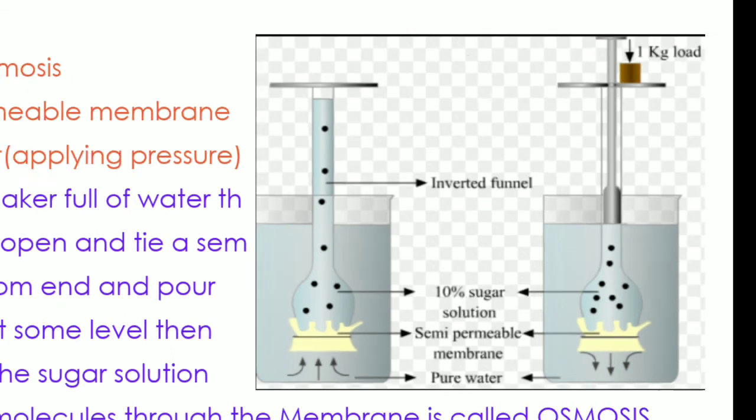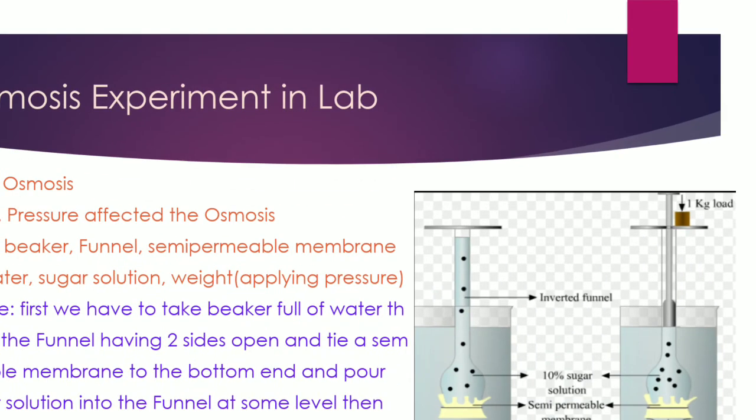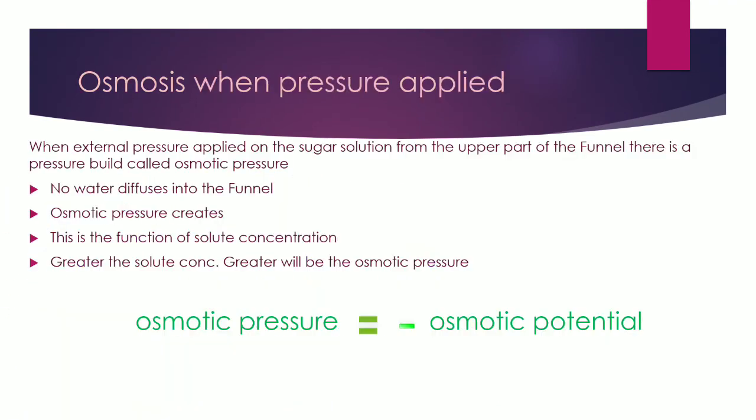Osmosis when pressure is applied. When external pressure is applied on the sugar solution from the upper part of the funnel, a pressure builds up, called osmotic pressure. No water diffuses into the funnel.